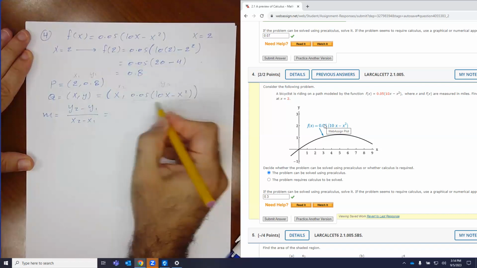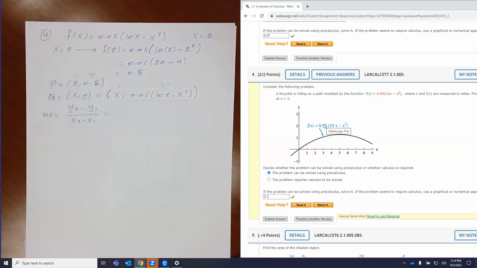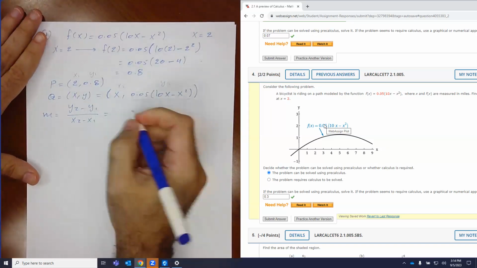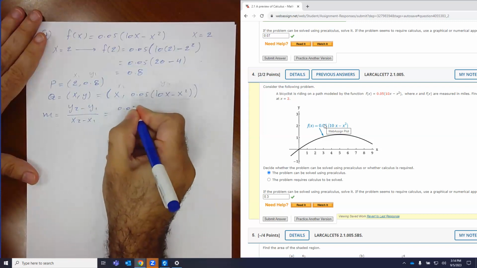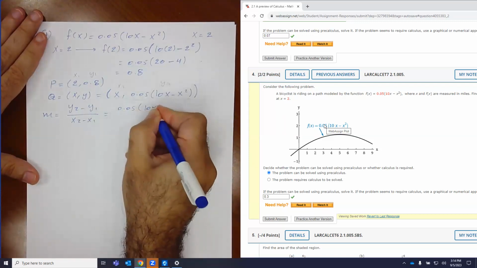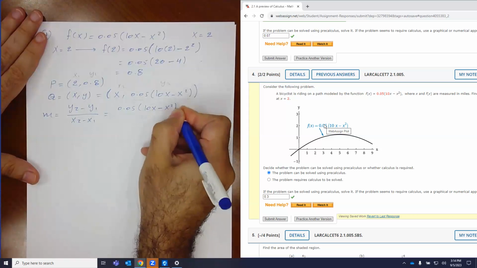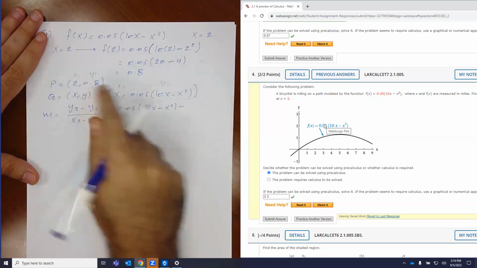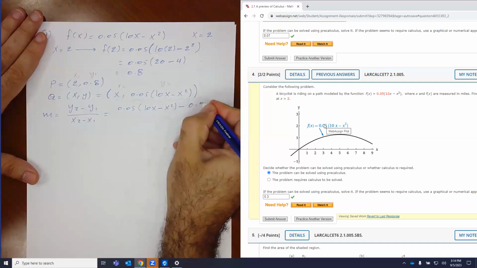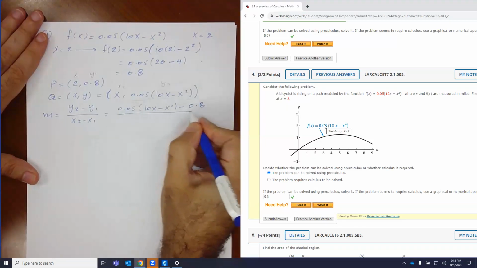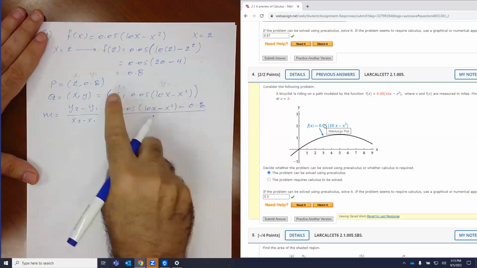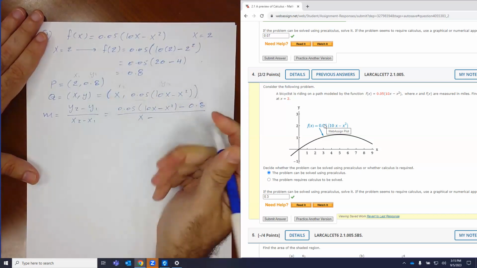The whole thing here is y2. That means it's going to be 0.05 times 10x minus x squared, minus y1, which is 0.8, over x2, which is x, minus x1, which is 2.